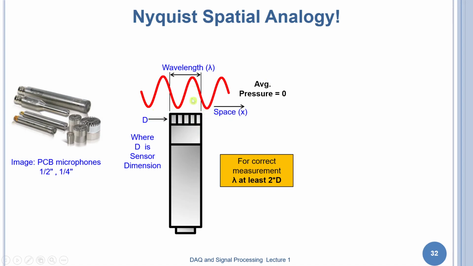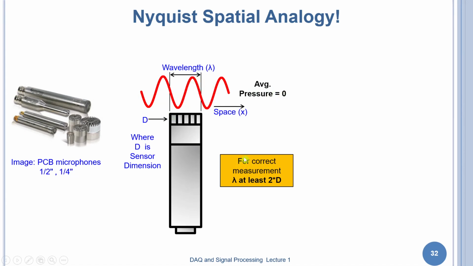If you have a signal which is moving in space and has a wavelength equal to or smaller than the size of the sensor, it is not going to show you that pressure variation. It is going to average and give you some value. In this case, it's going to give a zero average. It could be any mean value or zero, so it's not going to give you that pressure fluctuation.